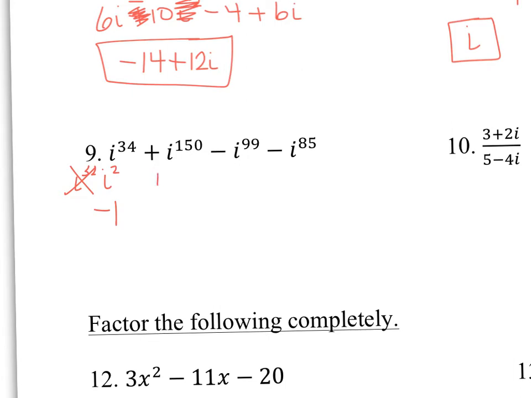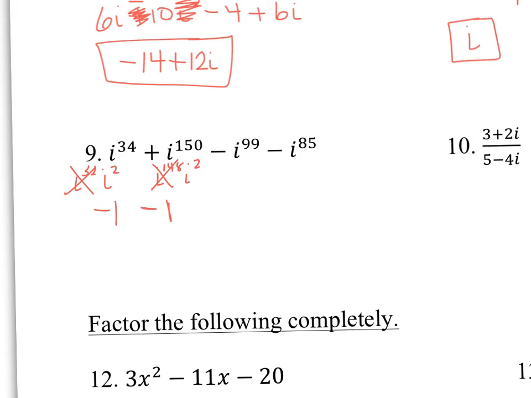So i to the 148, and i squared. i to the 148 is a multiple of 4, so that equals 1. So now I'm left with i squared, which makes negative 1.